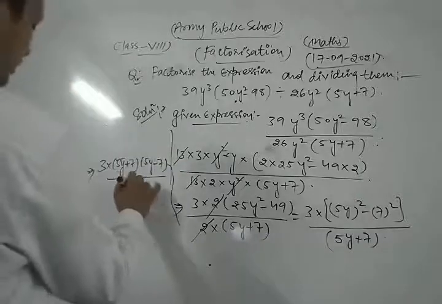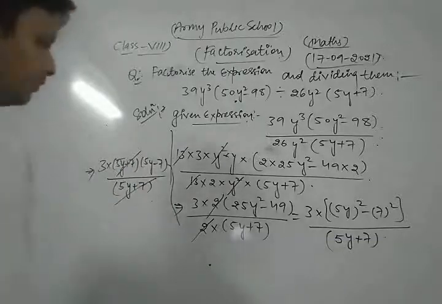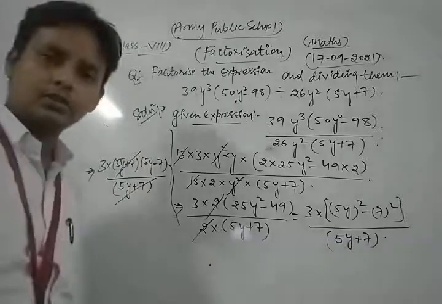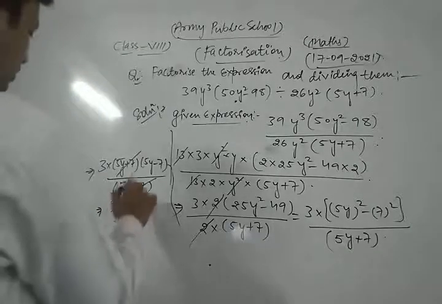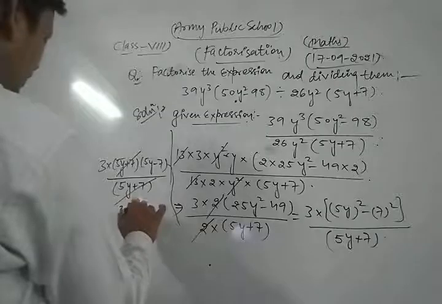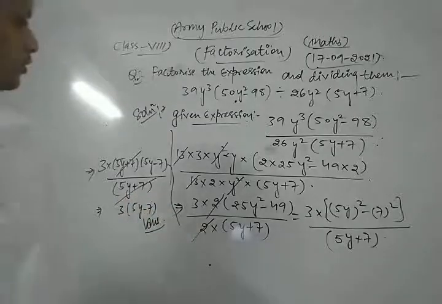Now 5y plus 7 and 5y plus 7 cancel each other, so we get 3 into bracket 5y minus 7. This is the required solution of the given question.